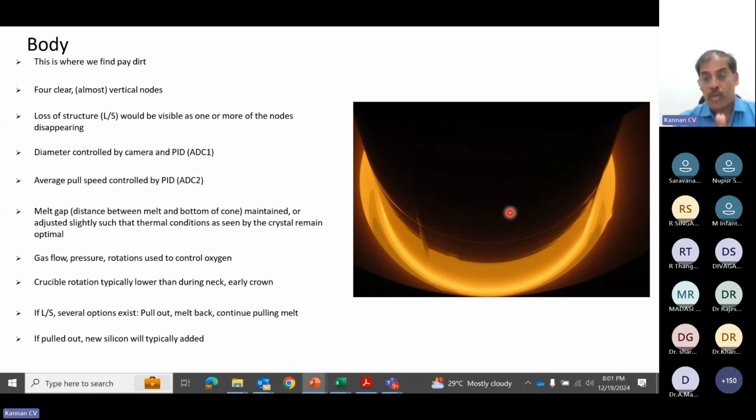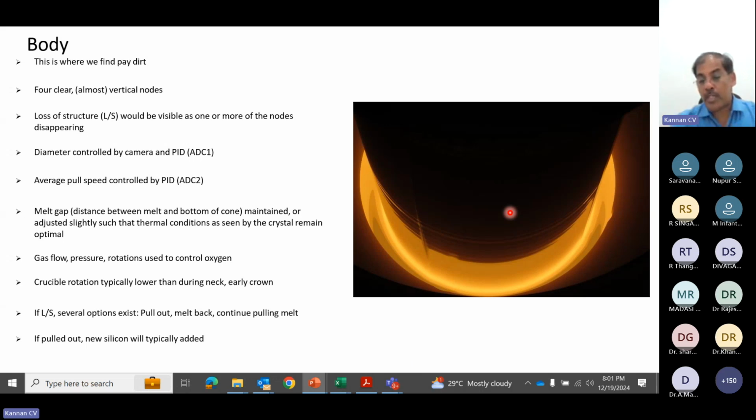Earlier it was a manual process where the operator had to look at the crystal through the viewing window, and whenever the crystal diameter went higher, he had to adjust the parameters to maintain it. Sometimes, because of some process parameters, the crystal diameter would also go slightly lower than what you set.